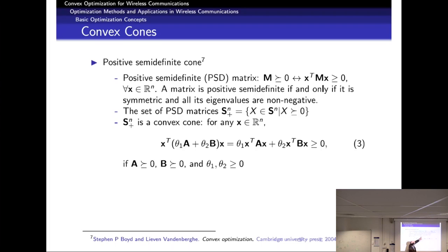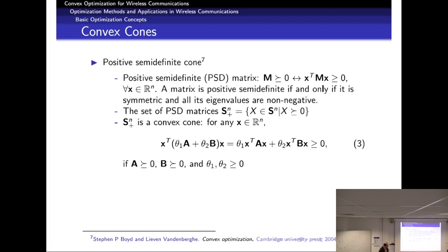Right. So the set of PSD matrices is given by this. This is the set of all matrices X that are symmetric, but such that X is PSD. And this set of all those PSD matrices actually forms a convex cone. So how can you show this? You have to show that if you take any PSD matrices, scale them, and take a linear combination of those two.